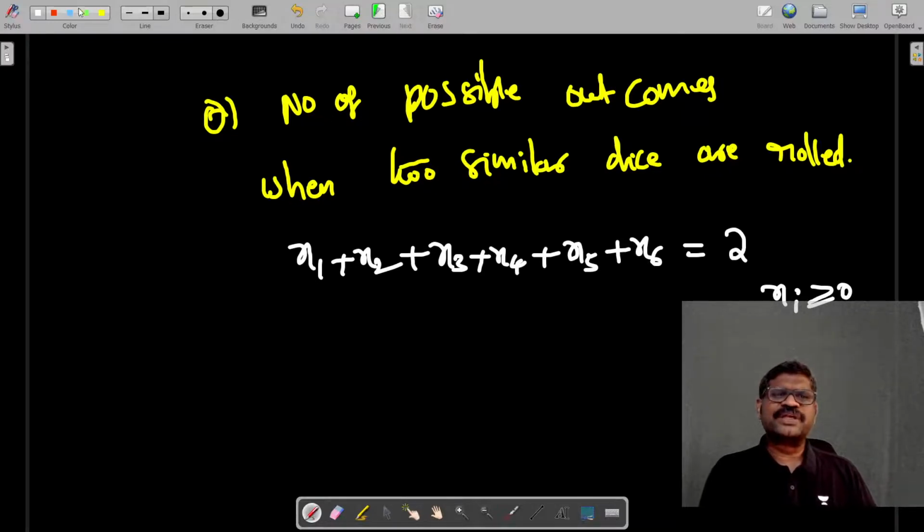So here n is the number of different possible outcomes, because face 1, face 2, face 3, face 4, face 5, face 6, that is 6. n equal to 6.